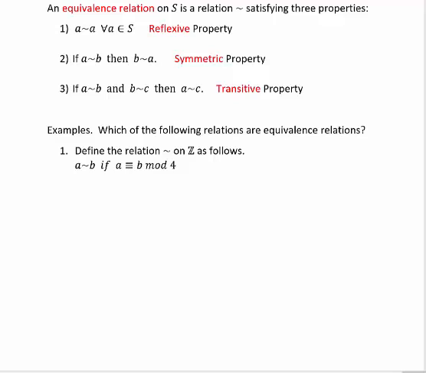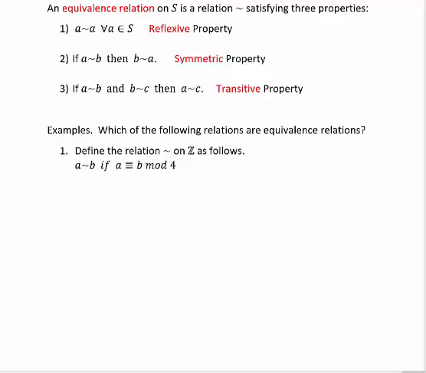And 3, if A is related to B and B related to C, then A is related to C, the transitive property. If these 3 properties hold, then the relation is called an equivalence relation.